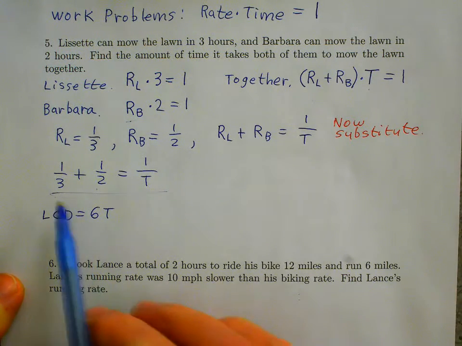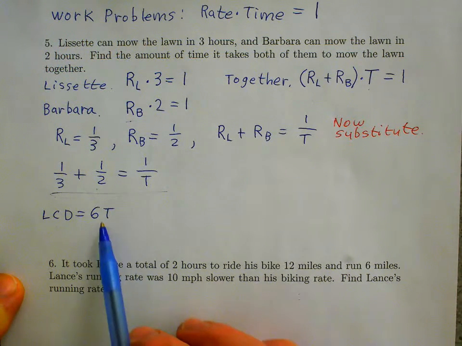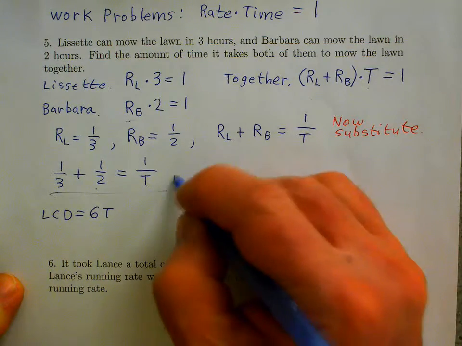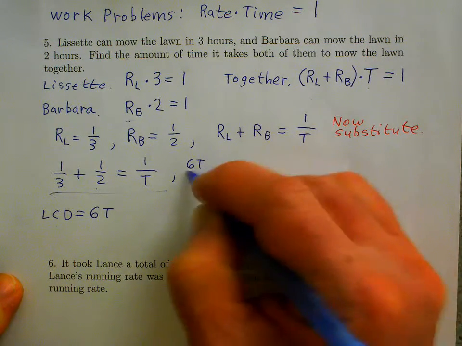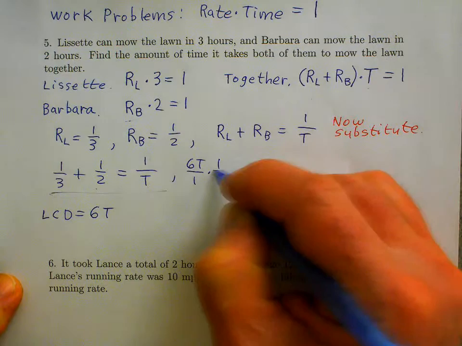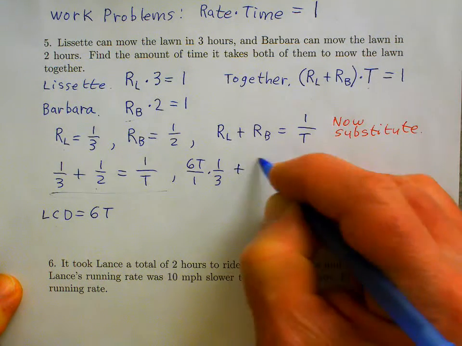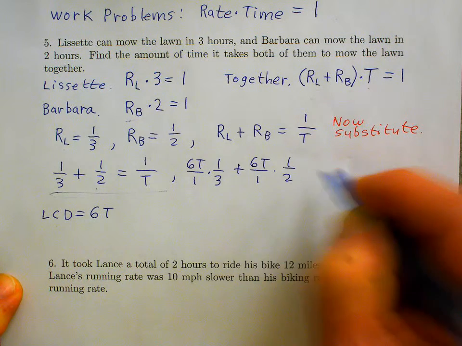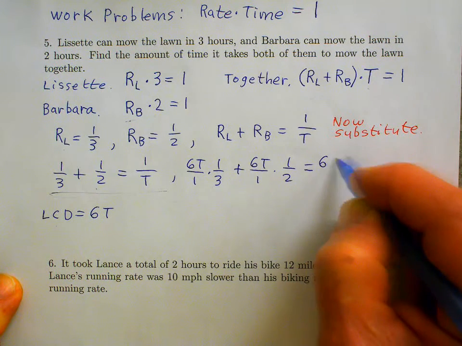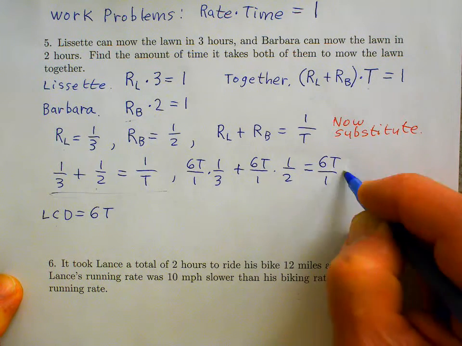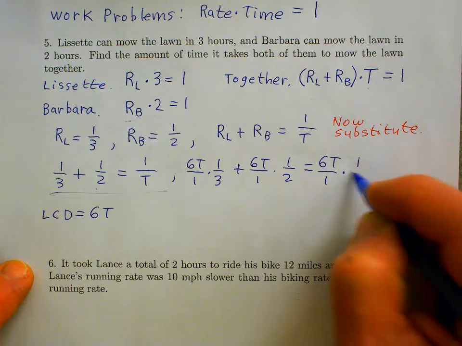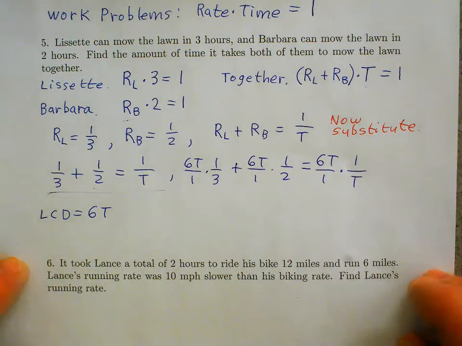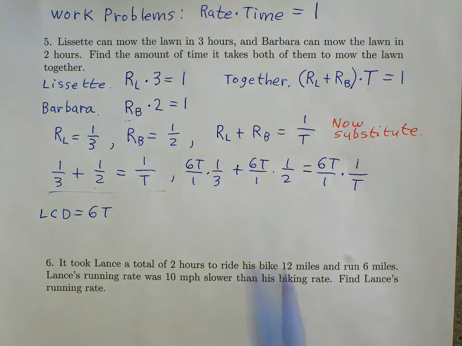Then we'll multiply every term on both sides by 6 times T. So 6T over 1 times 1/3 plus 6T over 1 times 1/2 equals 6T over 1 times 1/T. And then simplify each of those products.